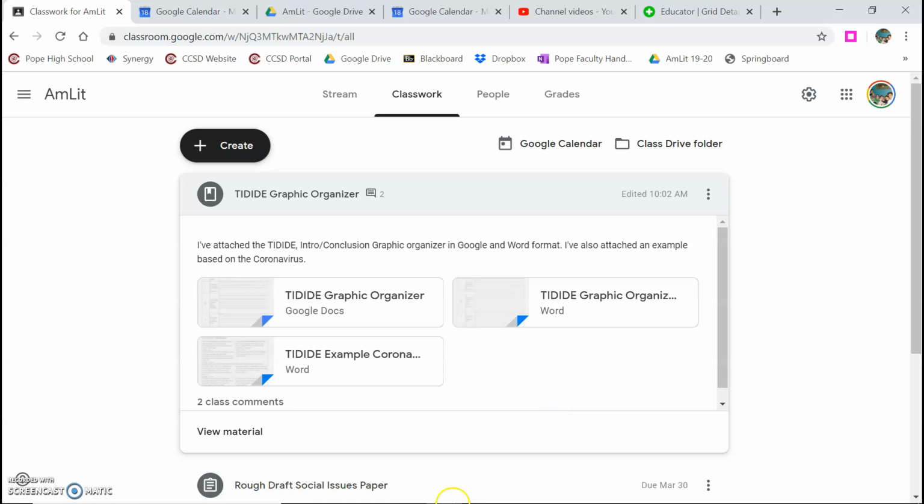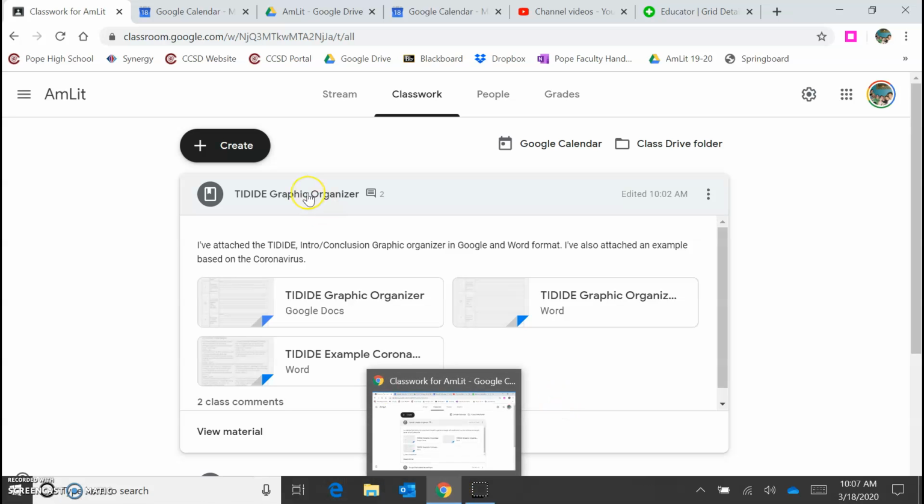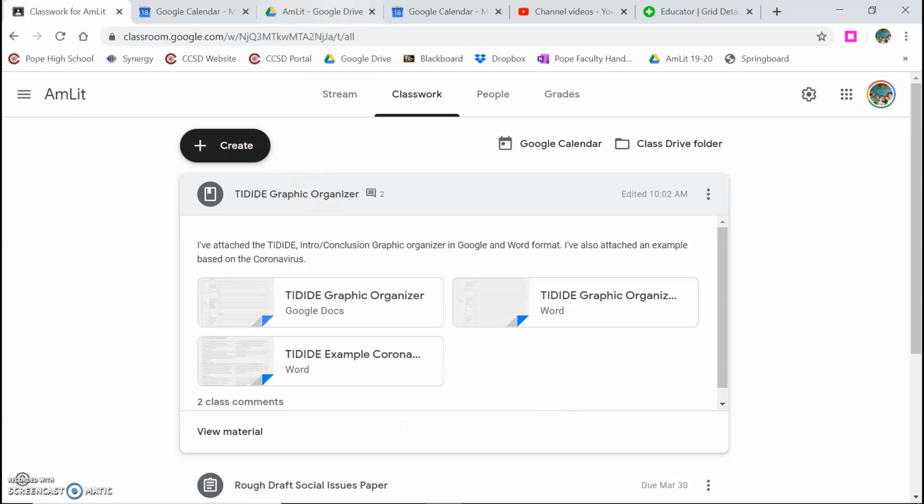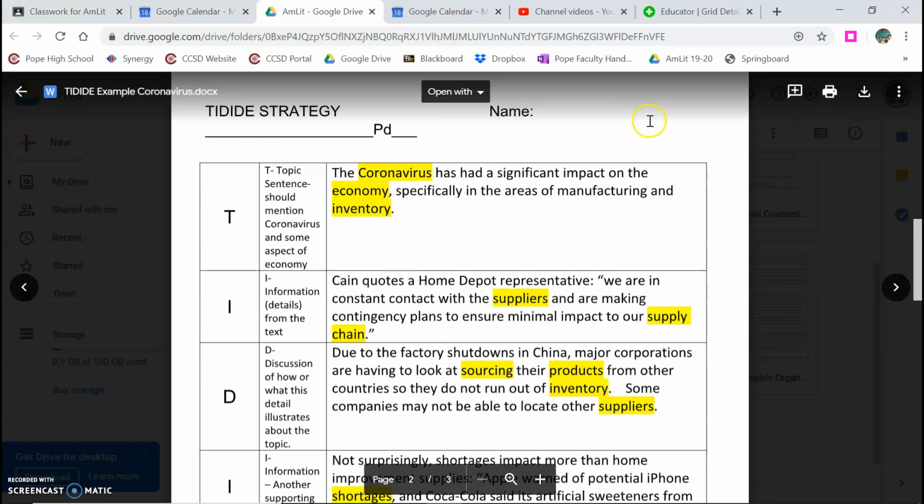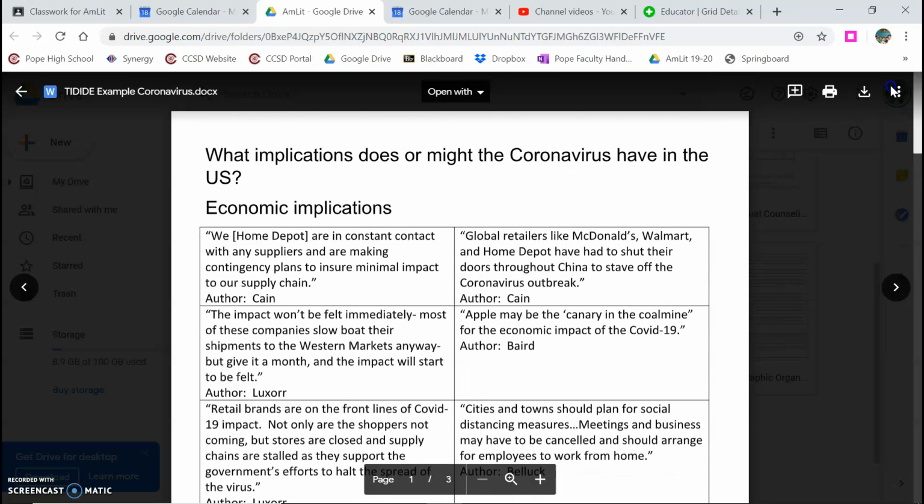All right, so let's review what a TIDIDE paragraph includes and looks like. If you remember our example that we did in class, we talked about the different categories or ripples from the outbreak of the coronavirus.